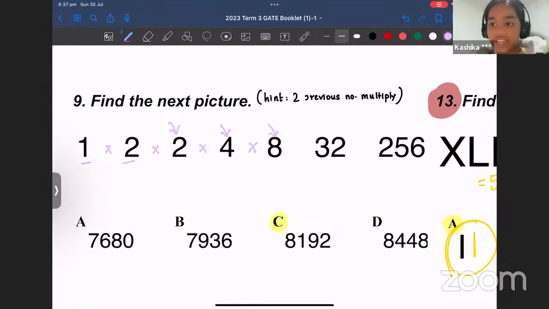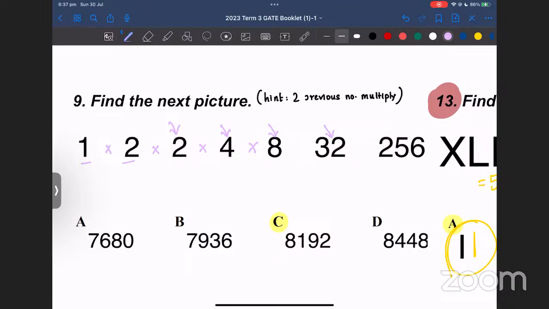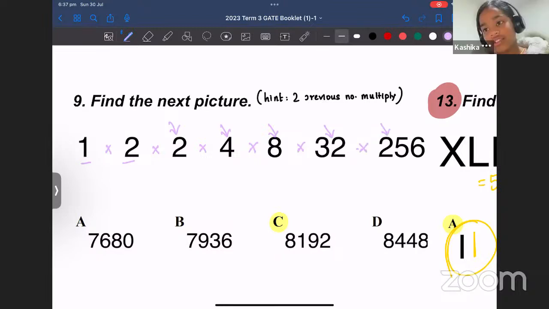Then 8 times 4 is 32. Then 32 times 8 is 256, and then 256 times 32 equals 8,192. Spot on.